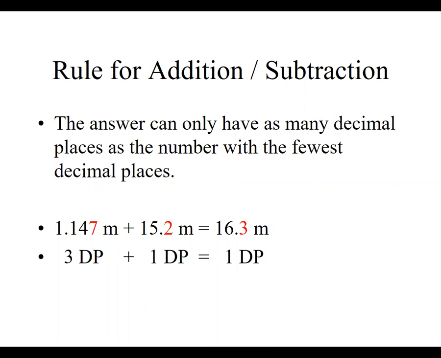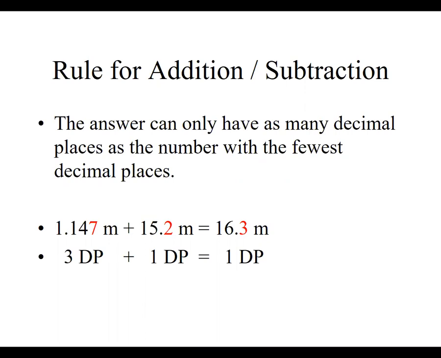So 1.147 meters is known to within 1,000th of a meter, but 15.2 meters is only known to within 1/10 of a meter. 1/10 is larger than 1,000th.